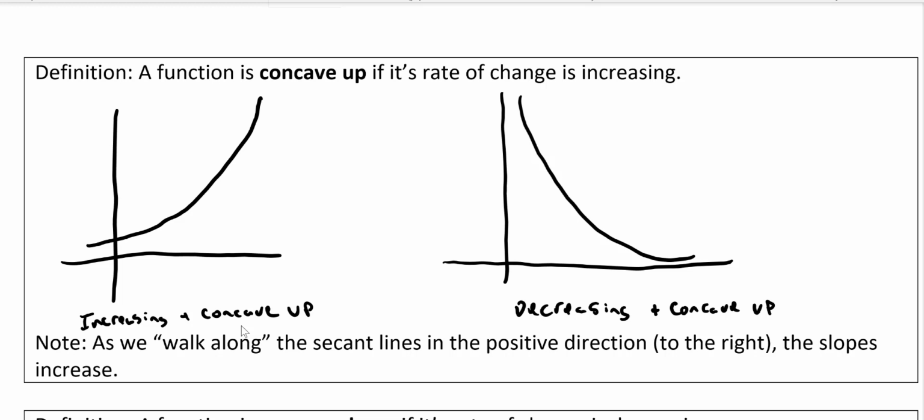I reference secant lines here. In particular, we are going to walk on the following secant lines. As I'm walking, the steepness of these lines, the slope of the lines, gets even greater. So maybe I start out, this slope is somewhere around a half. Then it becomes 1, then 3 halves. So I see it's increasing.